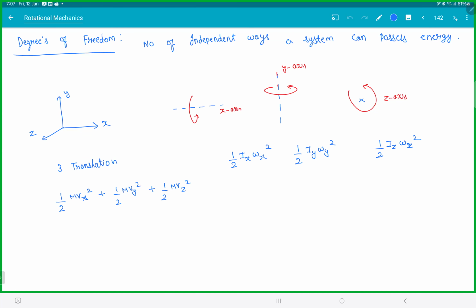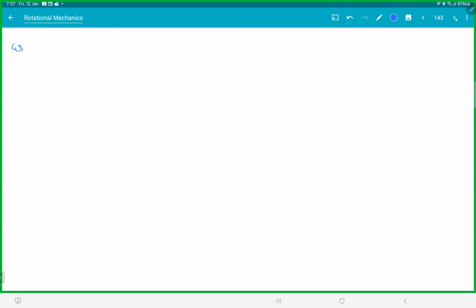Let's see a question. So we have a rod here, thin rod, mass m, length L, and there is a disc here, mass m, radius r, disc.